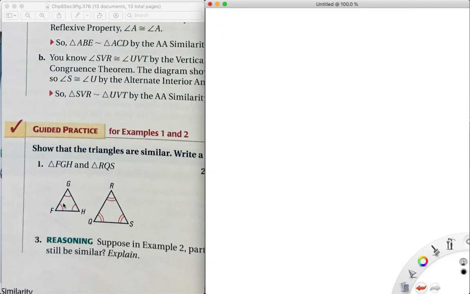But in addition to that, since I know that they're all the same, we can call this angle, let's do this, x, x, and x. We know that the sum of interior angles add up to 180. So 3x equals 180, x equals 60.